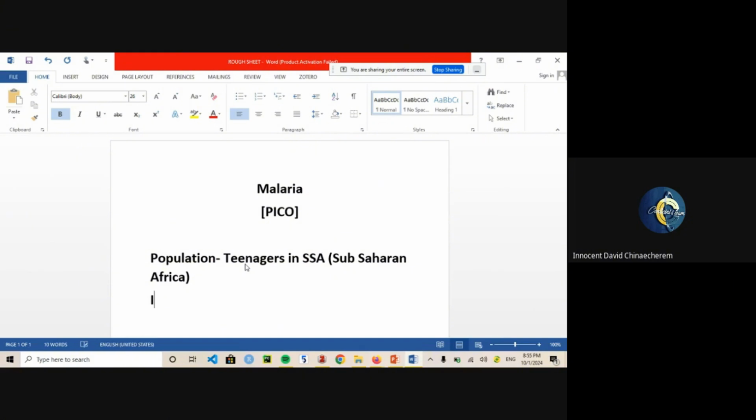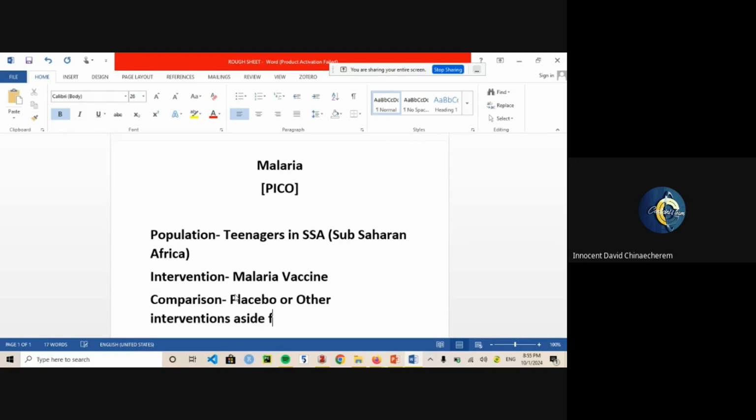Good. Now my intervention. I could focus on the new malaria vaccine. For comparison, it could be anything. I could focus on placebo or other interventions aside from malaria.